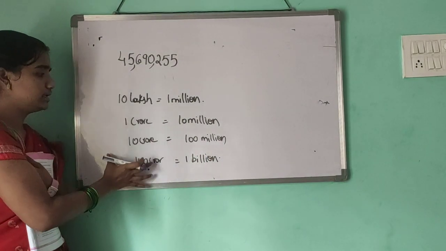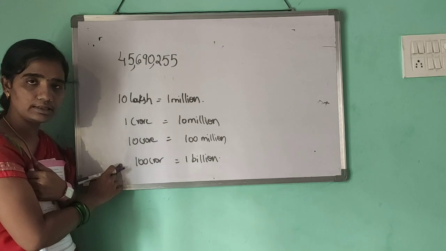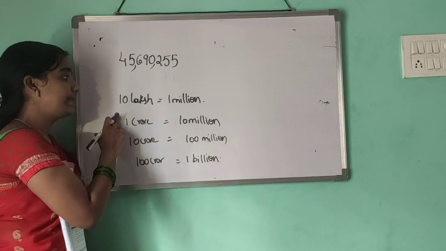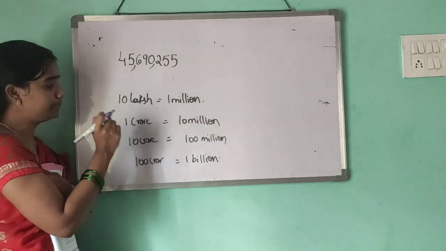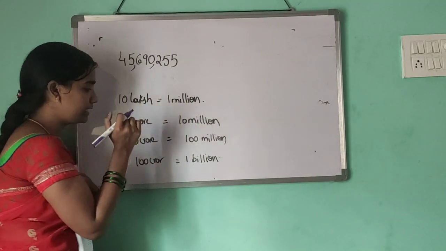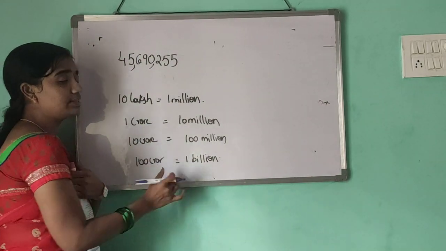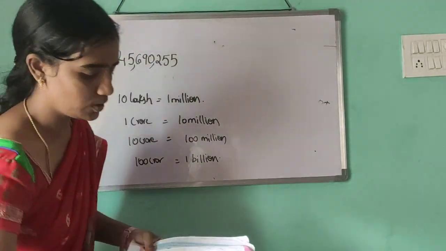So 10 lakhs equal 1 million, 1 crore is 10 million, 10 crores is 100 million, and 100 crores is considered as 1 billion. Okay.